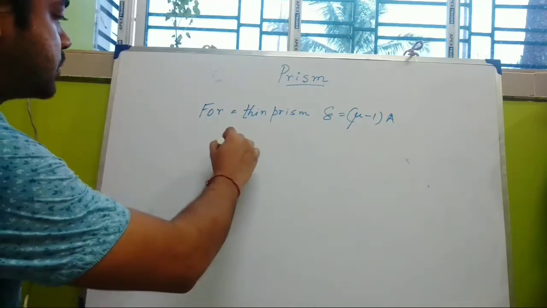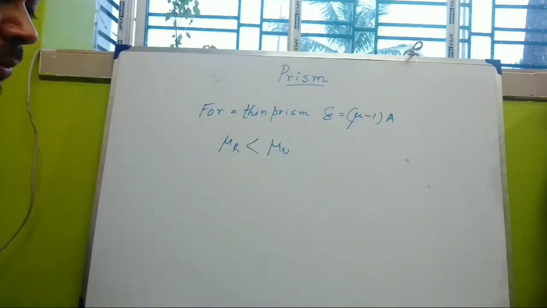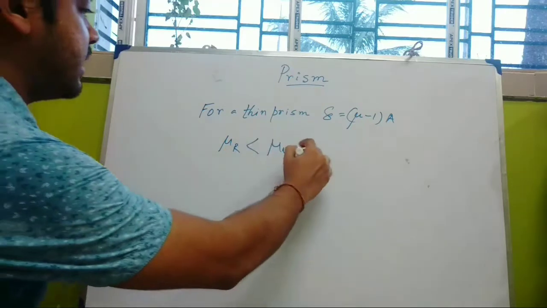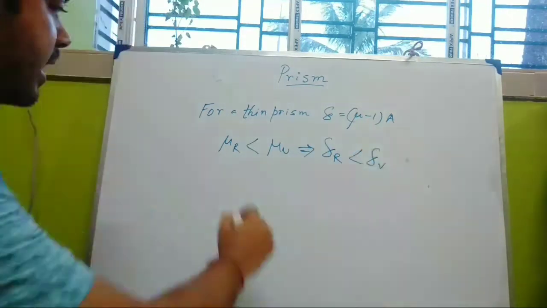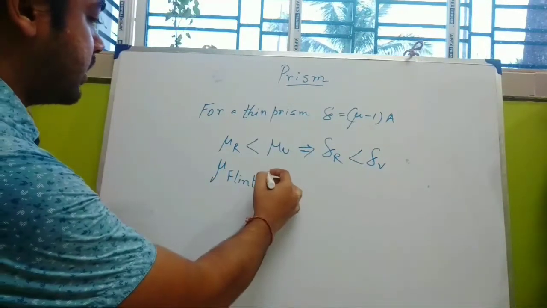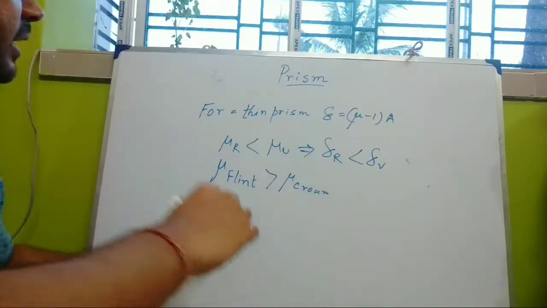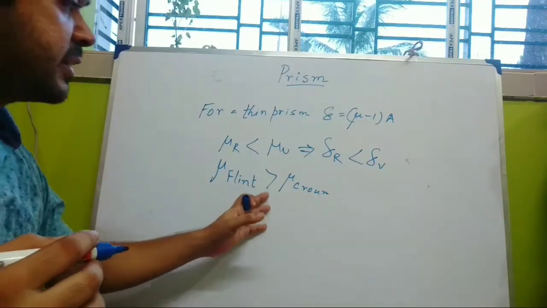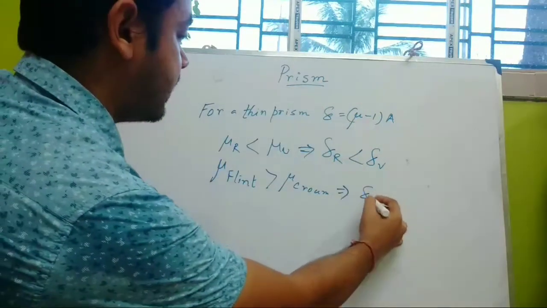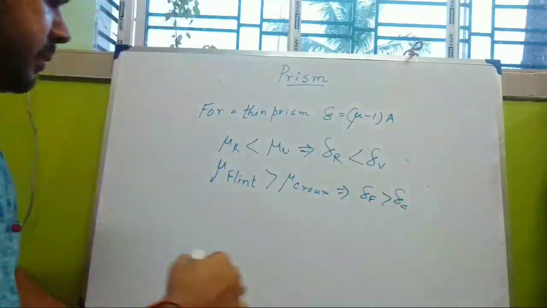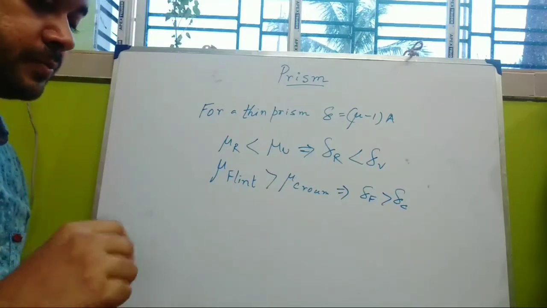Suppose for example mu r is less than mu v, so delta r will be less than delta v, and mu flint is greater than mu crown, that is the refractive index of the flint glass is greater than the refractive index of the crown glass, and hence delta F is greater than delta C.